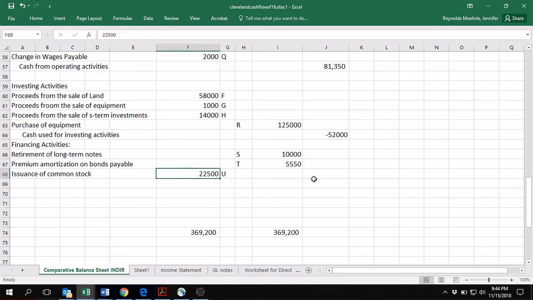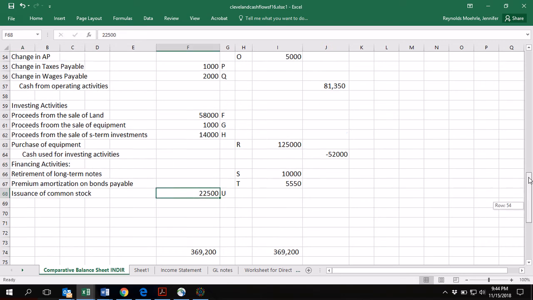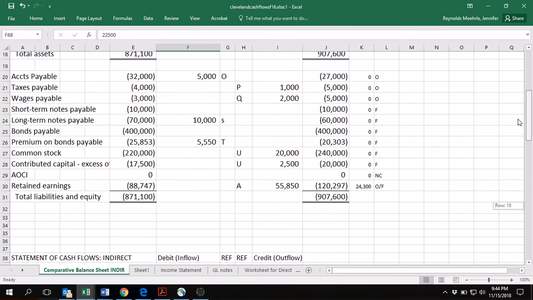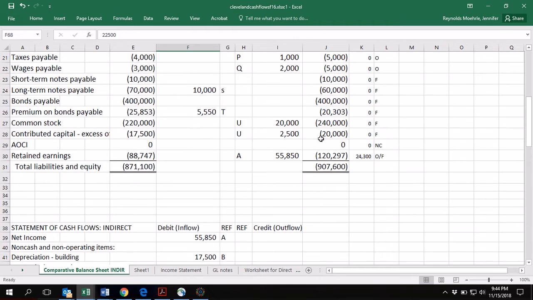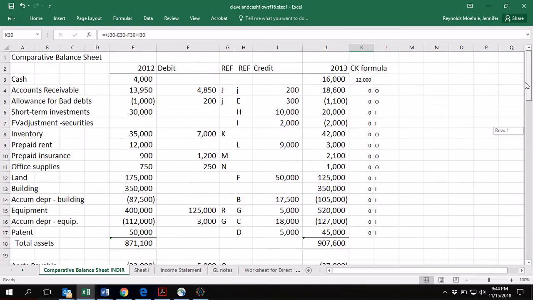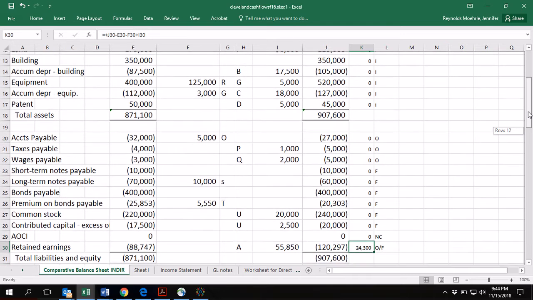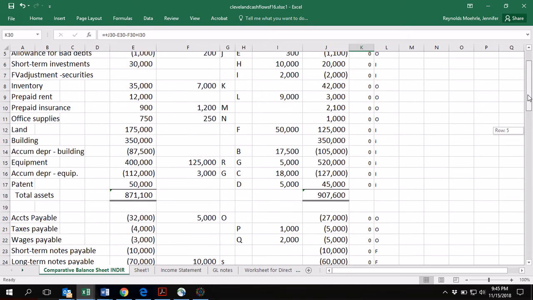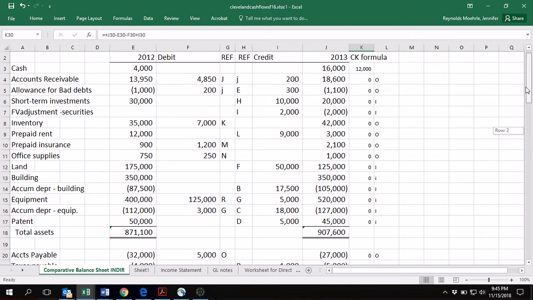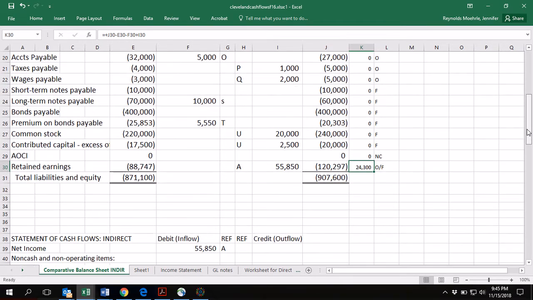All right, so let's see if we're done. We're almost done with our worksheet anyway, not the statement, but with the worksheet. We have one more item here to clean up in order to get everything to zero except our change in cash. And remember, once we have everything zeroed, then we have explained mechanically, mathematically, that 12,000 is what we're going to be left with.